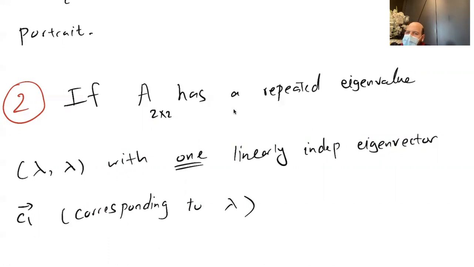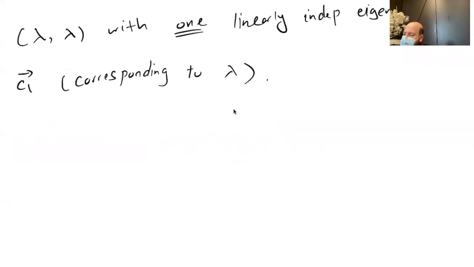Then we know one solution will be C1 e to the power lambda t, right? So C1 e to the power lambda t will be one solution.